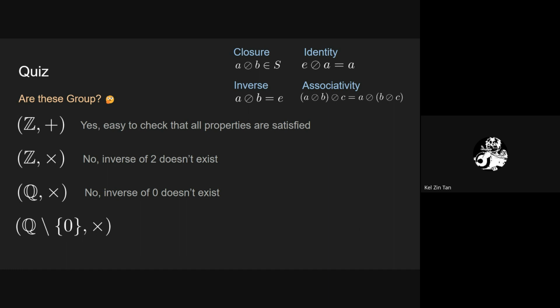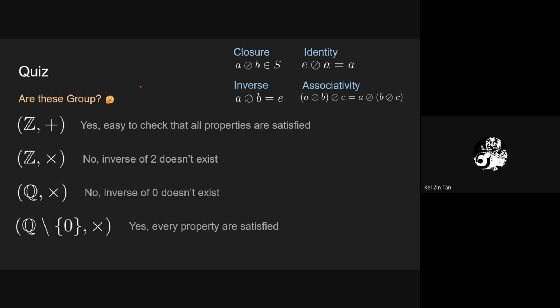Okay, votes are coming in. Yeah, so I guess the majority of you say that it is a group, and indeed it is. So every property is satisfied. So we finally get our group.